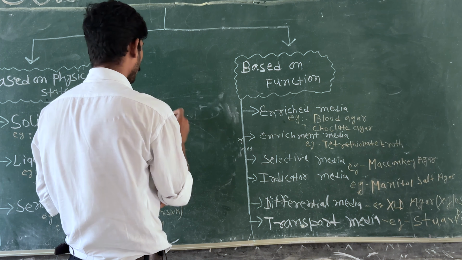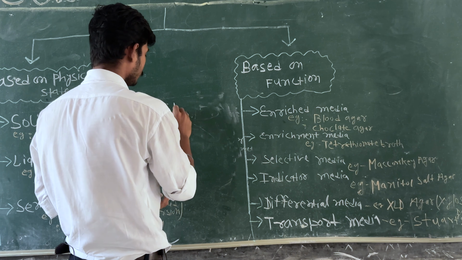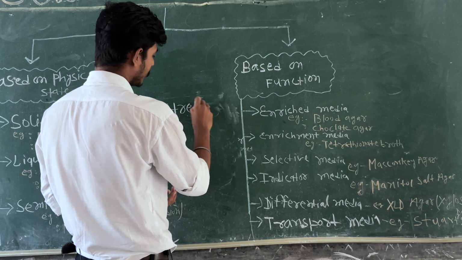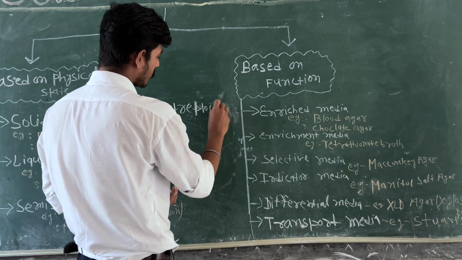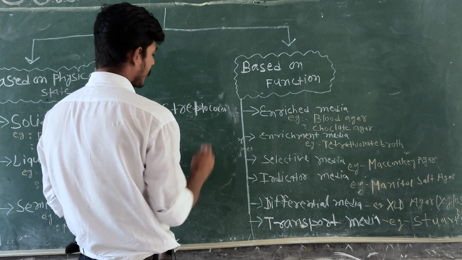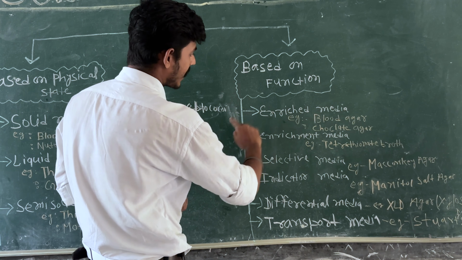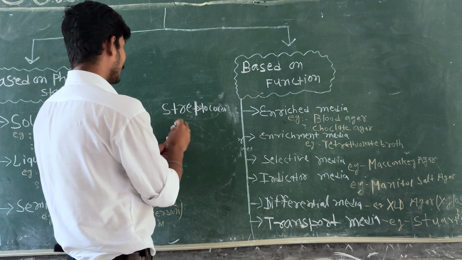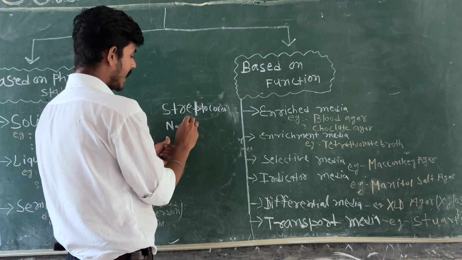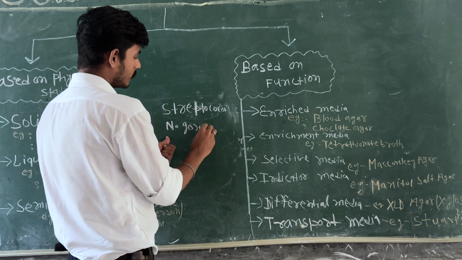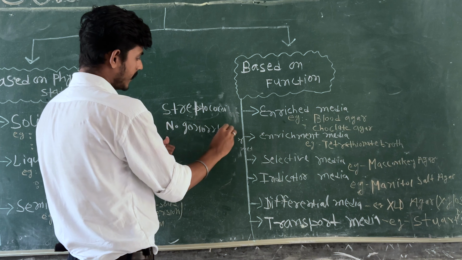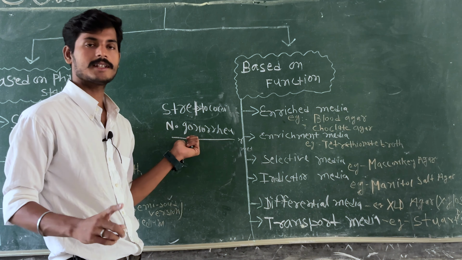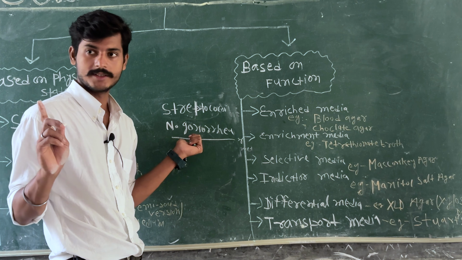It's Streptococci for the blood agar, and for the chocolate agar you remember is Neisseria gonorrhoeae, which causes gonorrhea, the sexually transmitted disease.